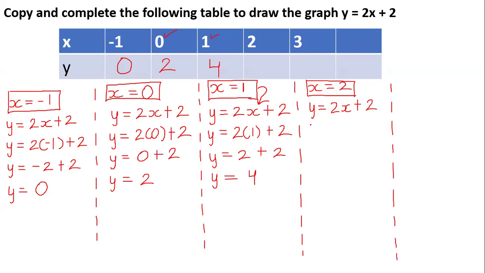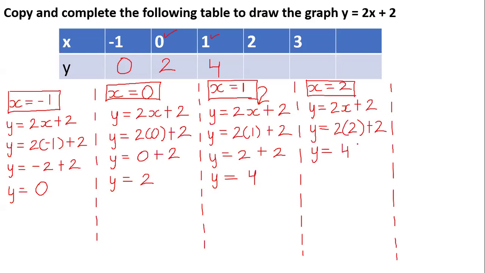So y is equal to, instead of putting x, we're gonna put 2, right? So it's gonna be open bracket, 2, plus 2. What is 2 times 2? 4, very good.